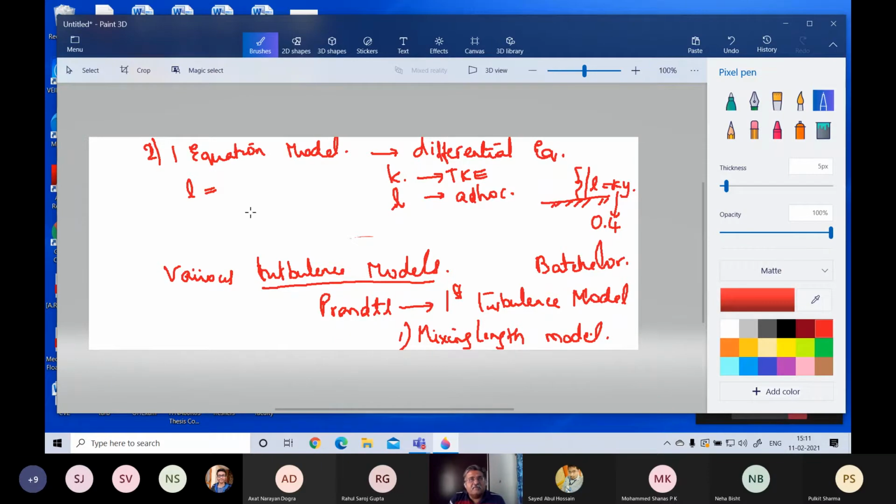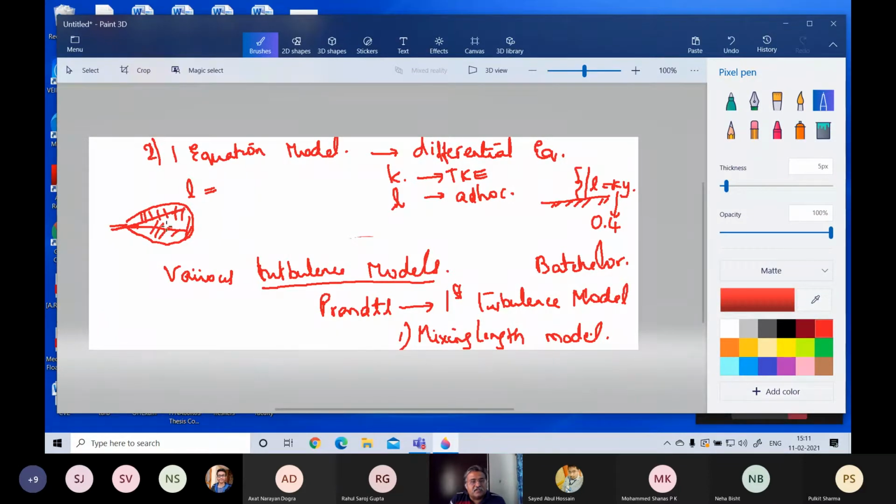Then similarly, consider a jet. As I told you, a jet is something where there is an orifice, and from this orifice water or some other fluid comes out into an ambient fluid.